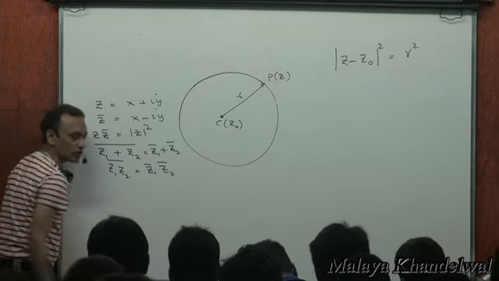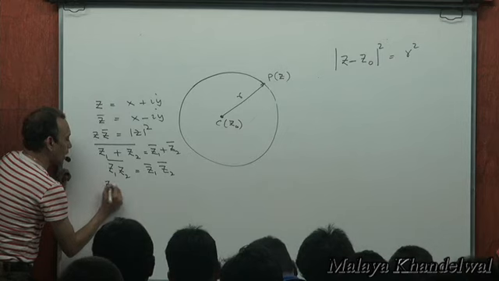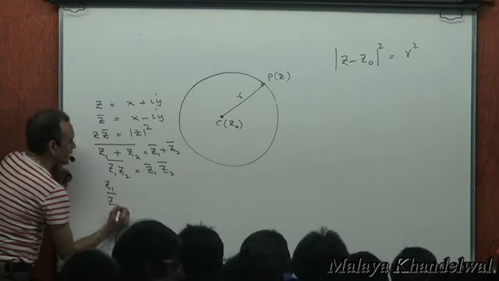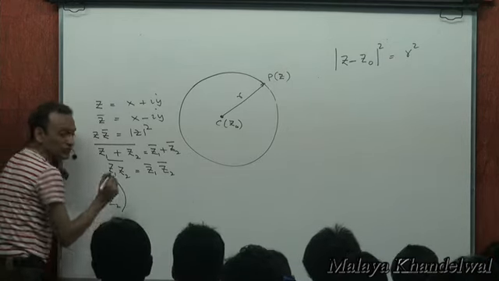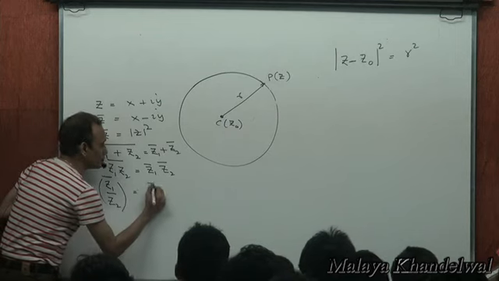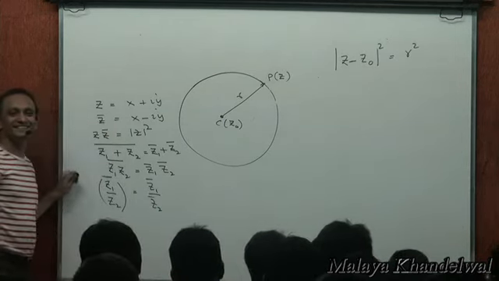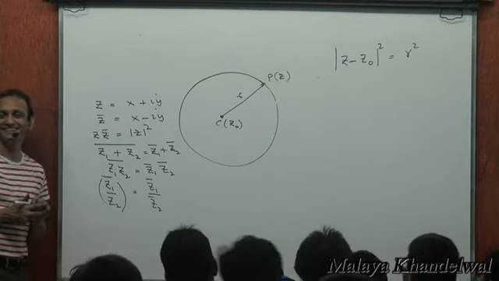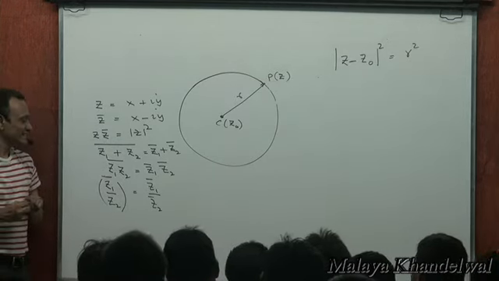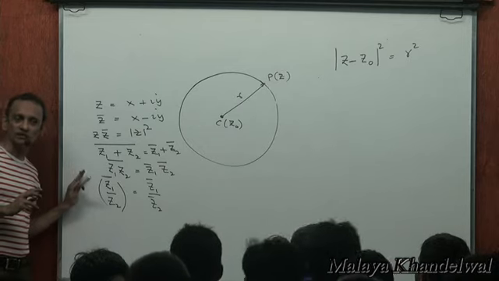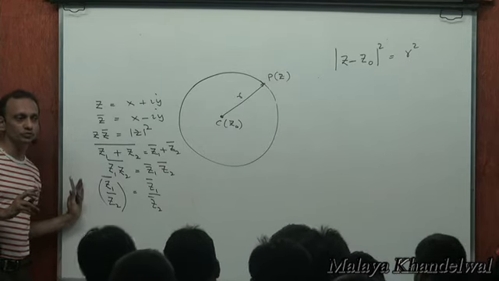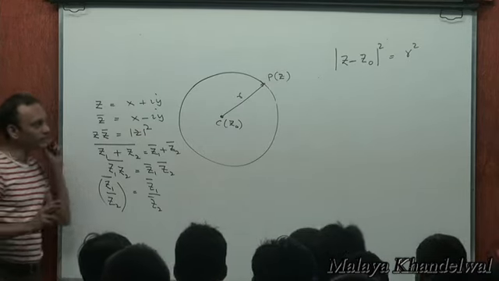You might want to check all of this yourself. If I have two complex numbers z1 and z2, the bar of the ratio would be the ratio of the bars. These are some properties of conjugates. You'll be able to prove it all by yourself.